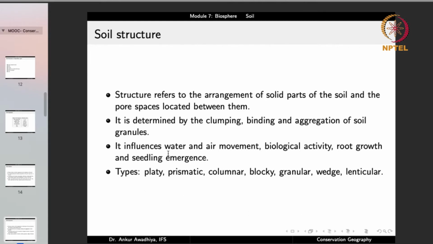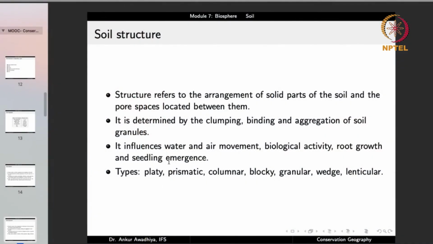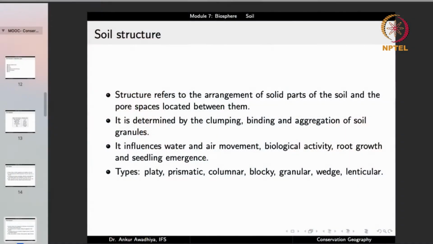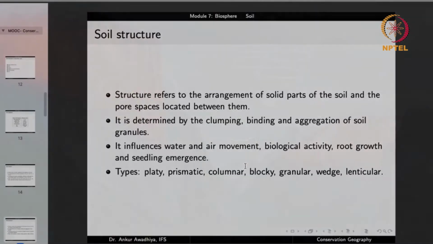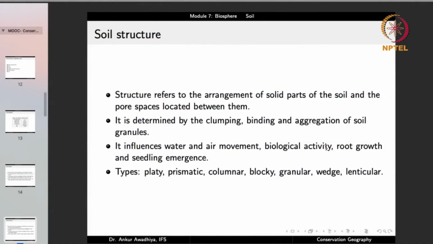The types include platy, in which case the aggregates are in the form of plates, something like this. Or we can have prismatic. Now prismatic would mean that you have the aggregates in the shape of prisms, something like this. Or we can have columnar, in which case the aggregates form columns. Or we can have blocky aggregates or granular aggregates.